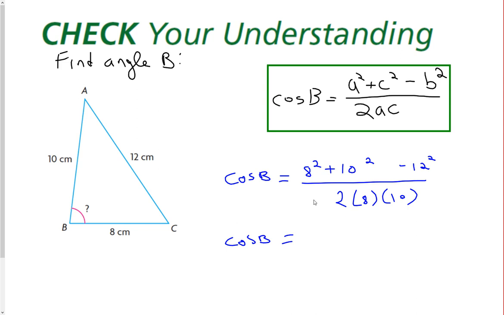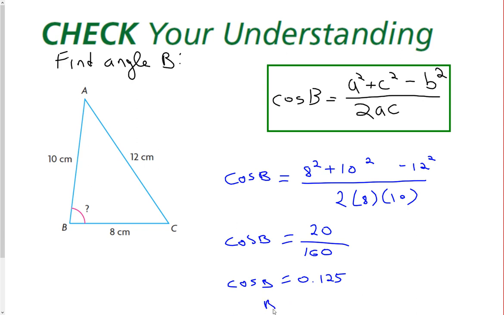So I end up with 20 on the top and 160 on the bottom. So that ends up with a ratio of 0.125.